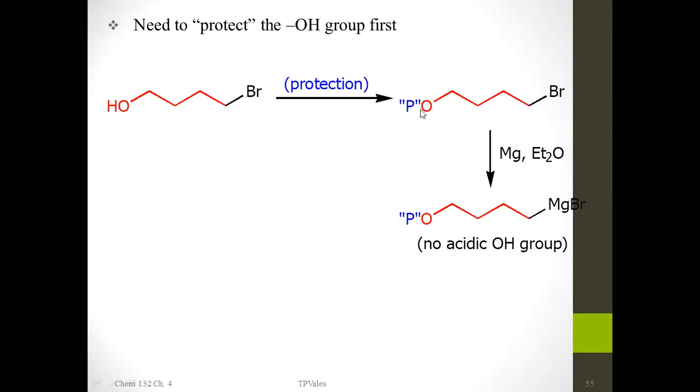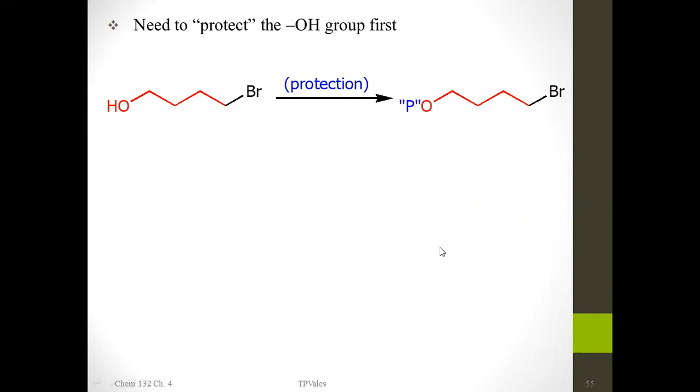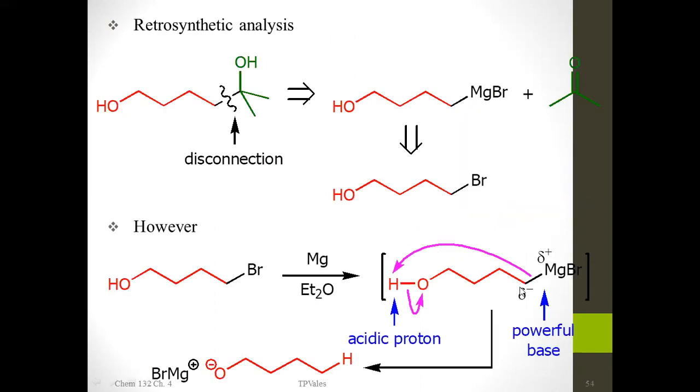Any protecting group: protect this O, replace the hydrogen with another group, and you have your Mg and ethoxide, and then you get your MgBr. So you get your Grignard reagent with the protected group. So no acidic hydrogen, any group of atoms other than hydrogen, so that it does not react like this one.